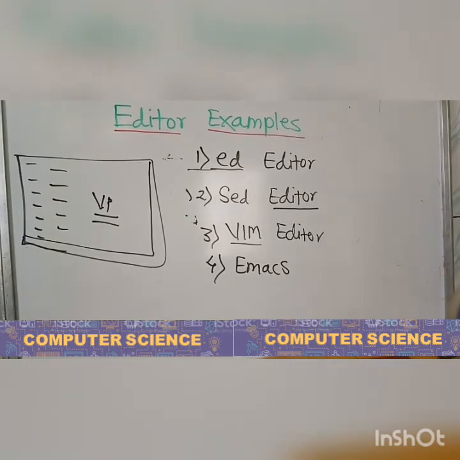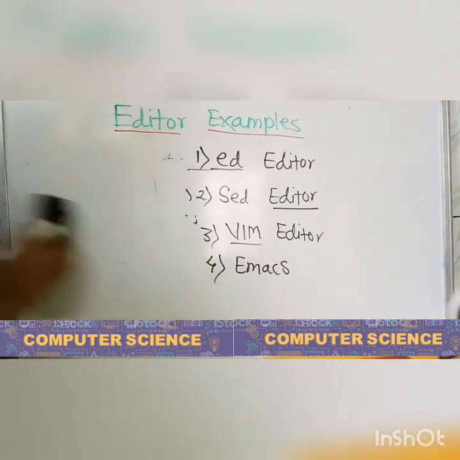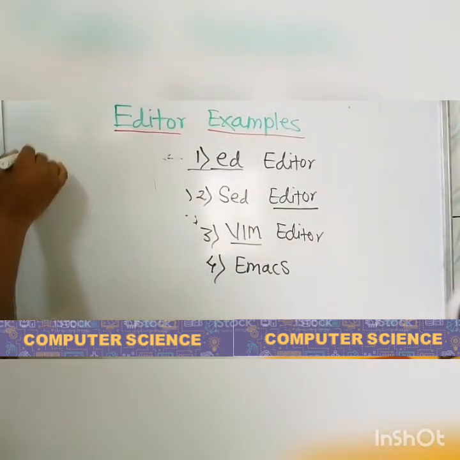So how are these VIM editors created or how are they used in the Linux system? Suppose we are shifting to the prompt, means we are getting the dollar sign.